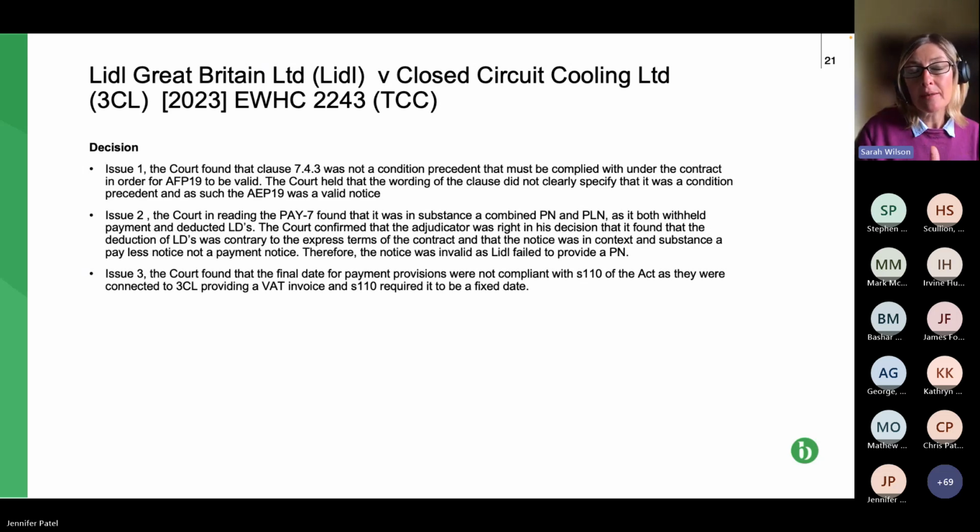And the court said that's not valid because, as we've seen, the final date for payment has to be pegged to the due date. It can't be pegged to something else. And in this case, they tried to peg it in the contract to a valid VAT invoice.